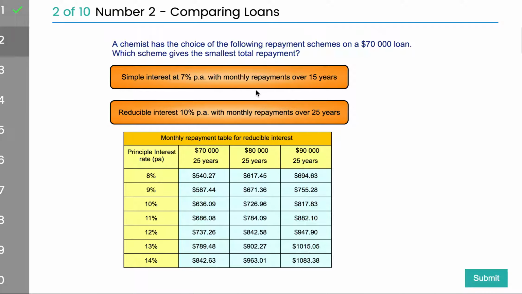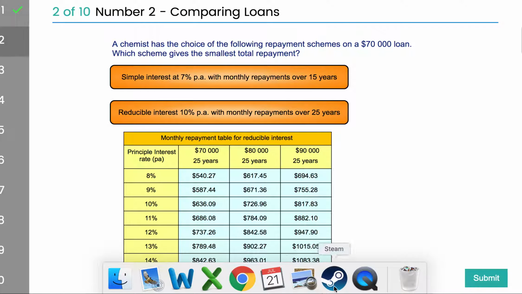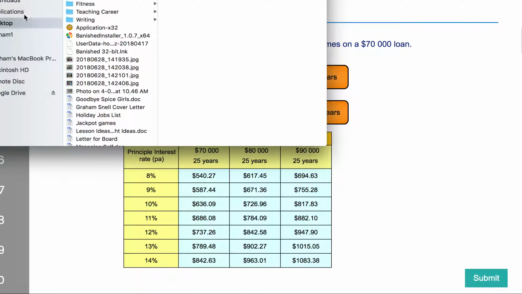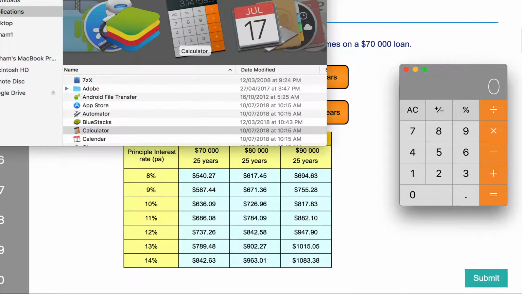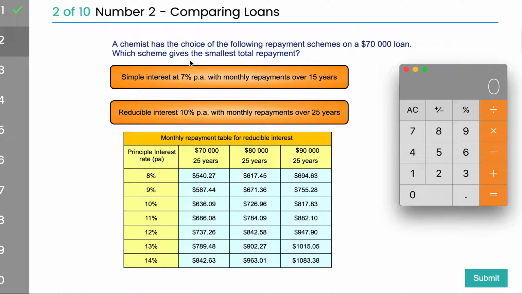Okay. The other option, the simple interest option, is just a general percentage of this amount every year. So the amount that we're borrowing is 70,000. Put that in your calculator, how much you're borrowing, and then how much interest you pay each year. You pay 7% per year.